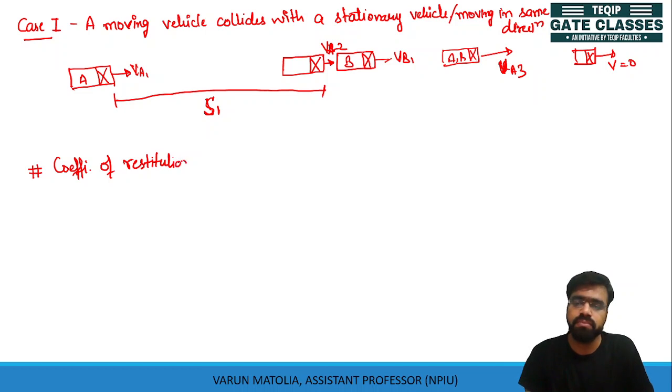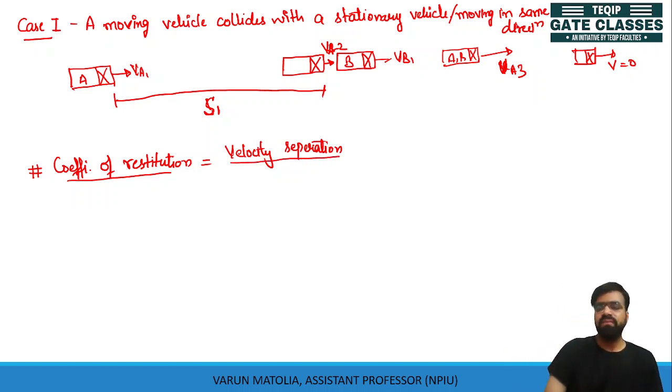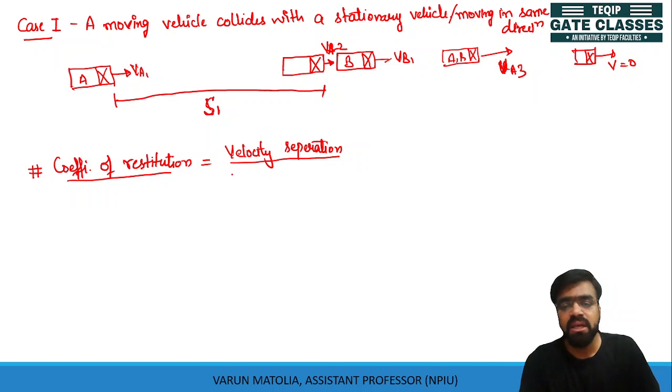This coefficient of restitution is equal to the velocity difference between two vehicles after collision divided by the velocity difference of two vehicles before collision.